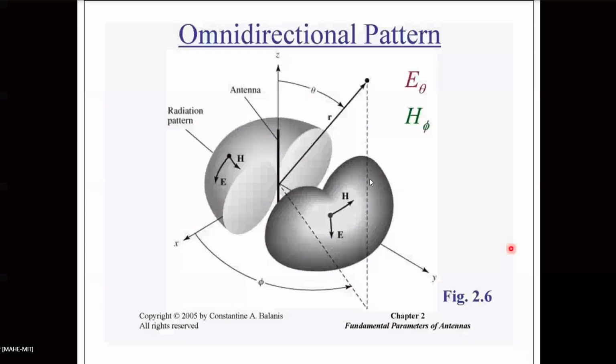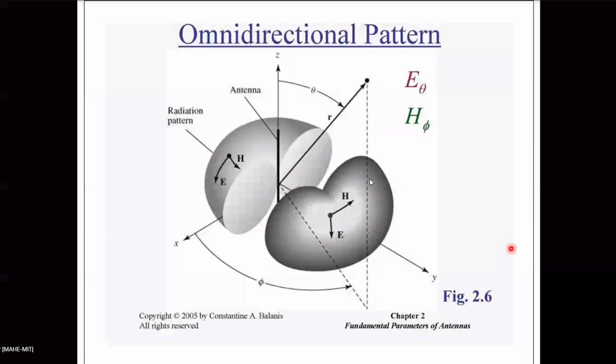Sir, the sine theta part is okay, but can you give some brief about the circle part? See, if you keep theta equal to constant, you see it is a circle only. In theta equal to 1, you see it is on the top.